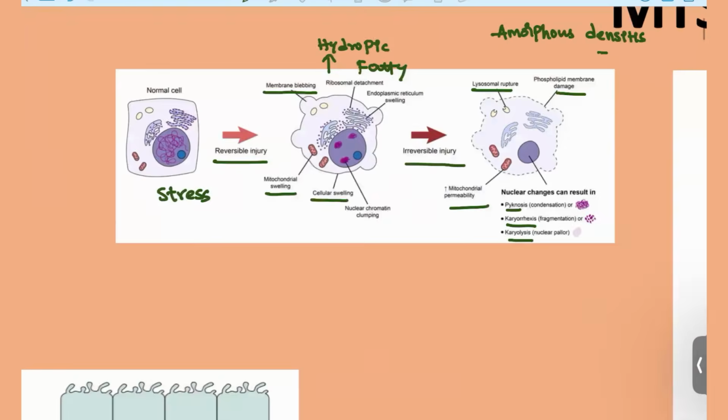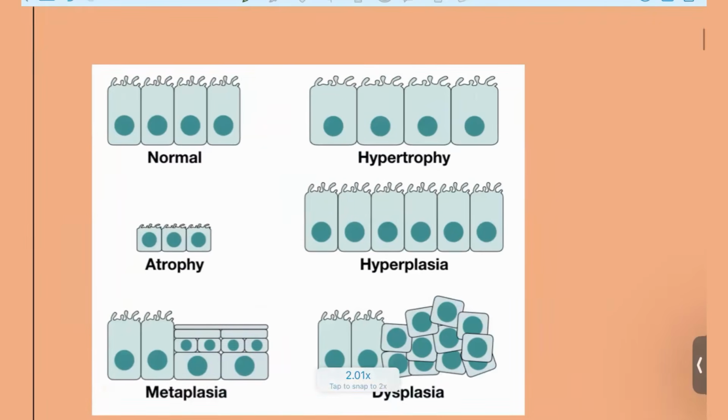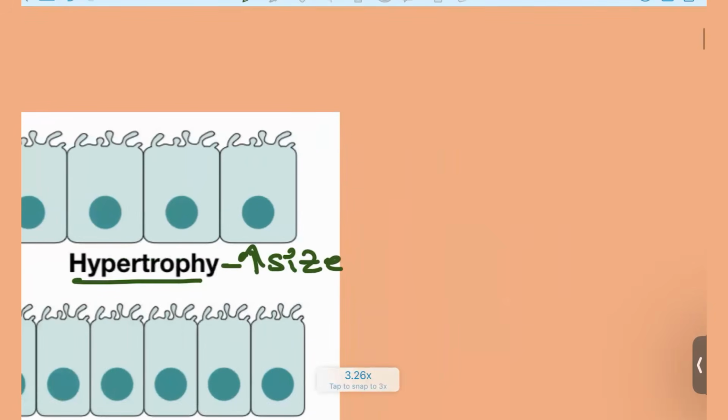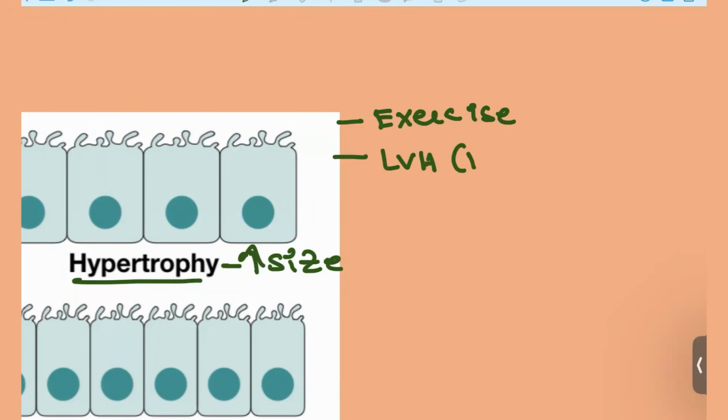Next, moving on to the cells and their properties. First thing that you have to discuss, hypertrophy. What does hypertrophy mean, guys? It is an increase in the size of the cell. You are going to see this in exercise. When you do more exercise, your muscle is going to bulk, and commonly left ventricular hypertrophy in hypertension patients, right?